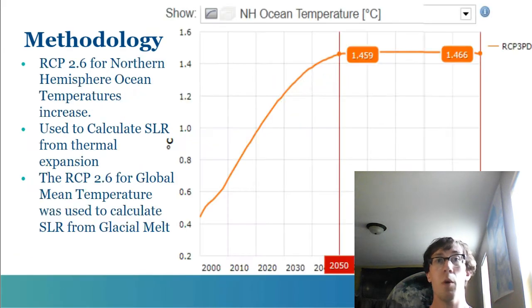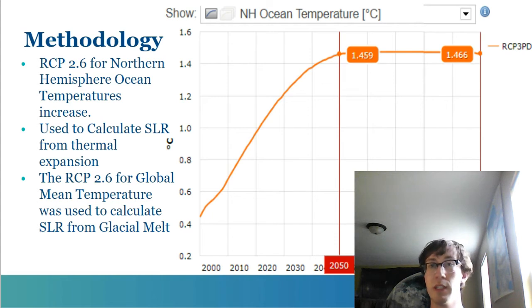So when this was done, I looked at the RCP scenarios for 2.6, which gave an ocean increase of 1.459 degrees in 2050 and 1.466 degrees in 2050.